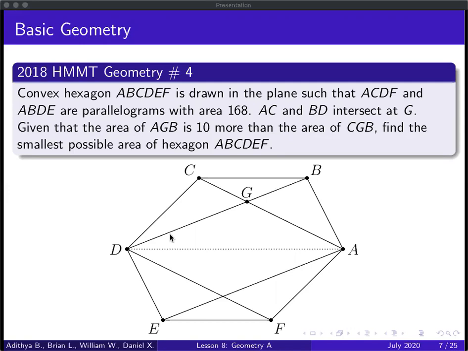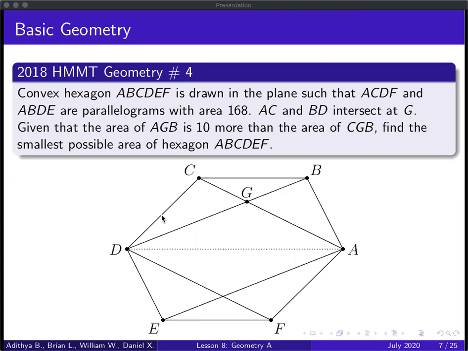This is pretty big information. So you get that CAD and BDA, which are each half of their respective parallelograms, therefore must have the same area. Here we're going to be using brackets to denote area in case you are not familiar with that notation.